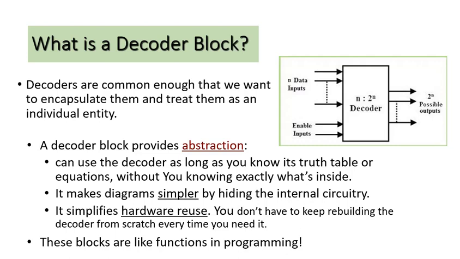So we can use the decoder as long as you know its truth table or the equations without knowing exactly what is there inside it. And not only that, it makes the diagrams simpler by hiding the internal circuitry, and it also simplifies the hardware reuse, and you don't have to keep rebuilding the decoder from scratch every time you need it.